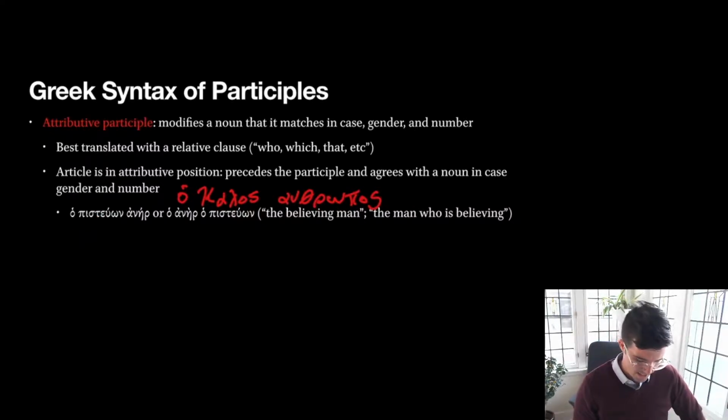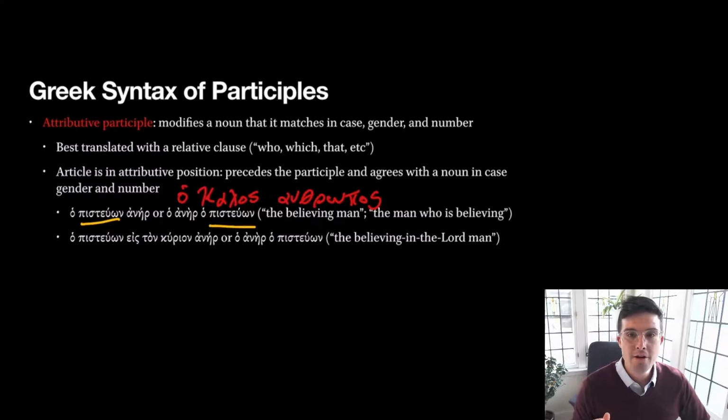Pisteuon here is going to be our participle in both cases. And you notice here the article comes right before it. Aner is man, the faithful man, or the believing man. The same thing over here, ho aner ho pisteuon. This one is also attributive because the article directly precedes the participle.